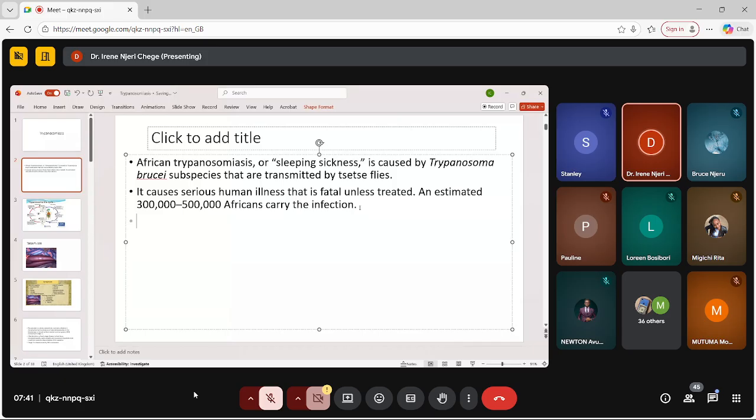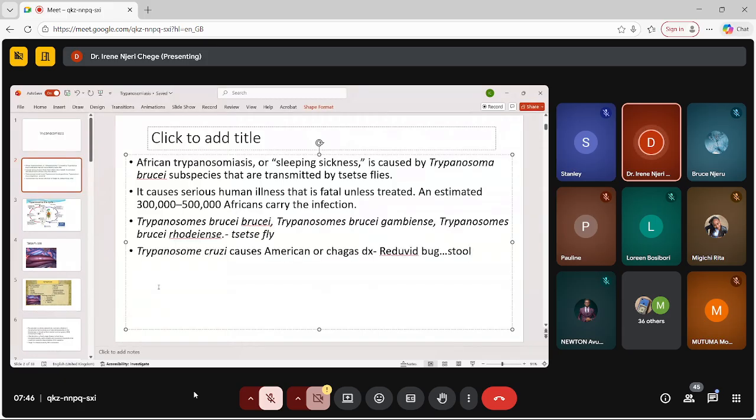But the tsetse fly is the one involved in our African disease. Of course, since there's traveling, you might even see patients who have the Reduviid bug infection, or even a Kenyan or an African can go to America and actually suffer from this trypanosome transmitted by the tsetse fly.